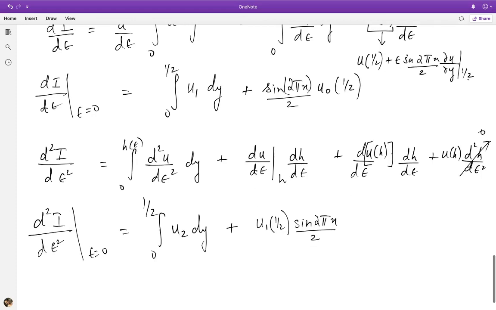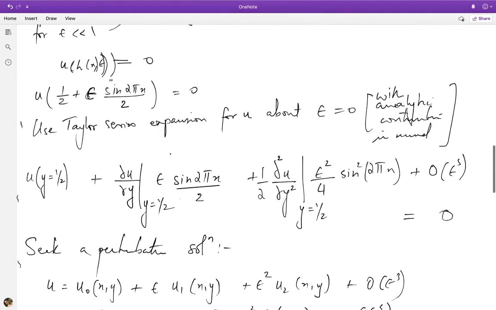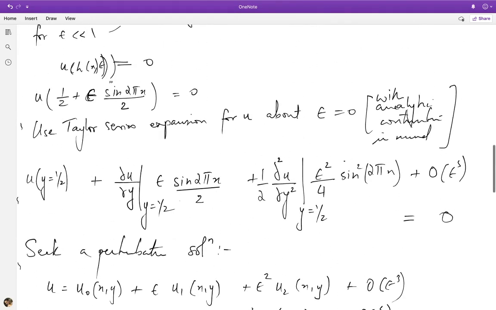I hope you can work this out more carefully if you wish, but the idea is, first, we only know u as a power series expansion, so you take the derivative with respect to epsilon, you will get u1 plus epsilon u2 and so on. If you evaluate all of that at h and then set epsilon to 0, all the higher order terms will go, you'll just have u1 at h, but u1 at h itself can be expanded using domain perturbations, but when you expand and put epsilon to 0, you just get the leading contribution.